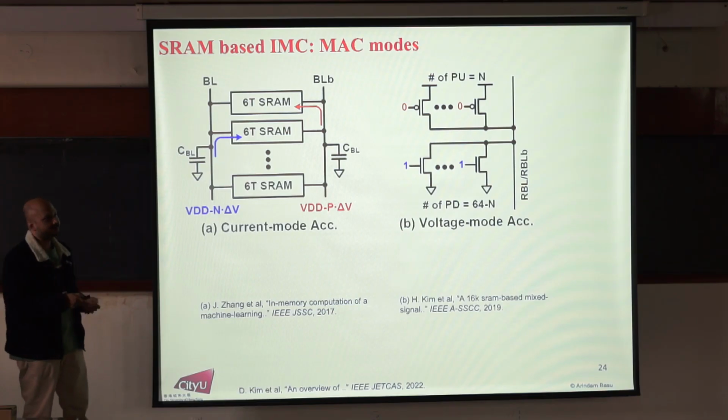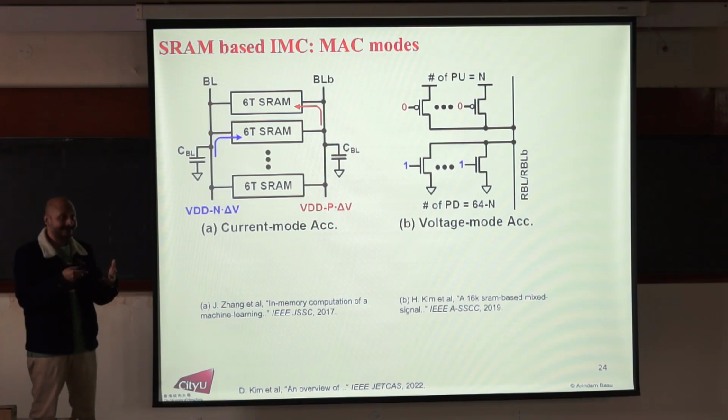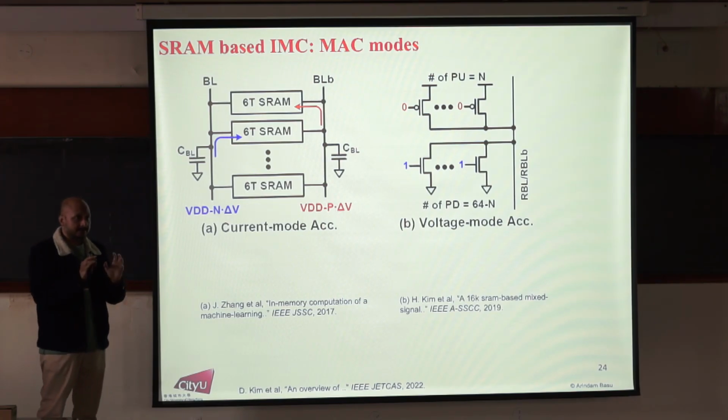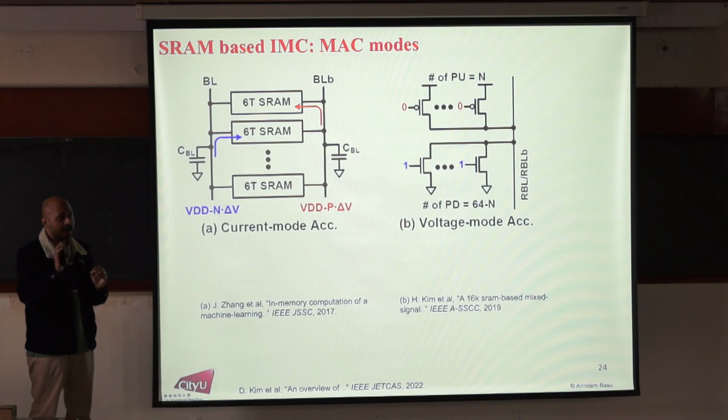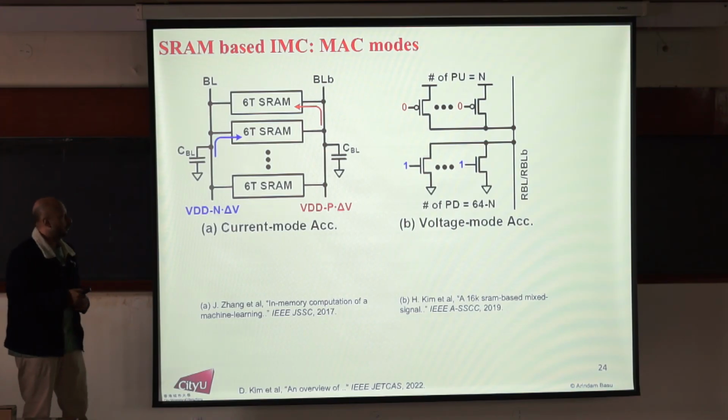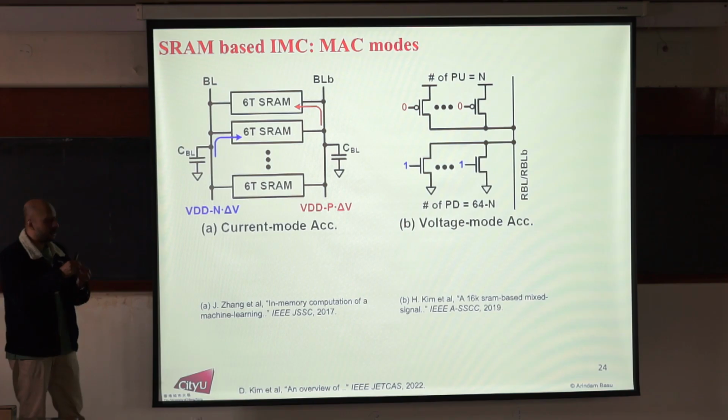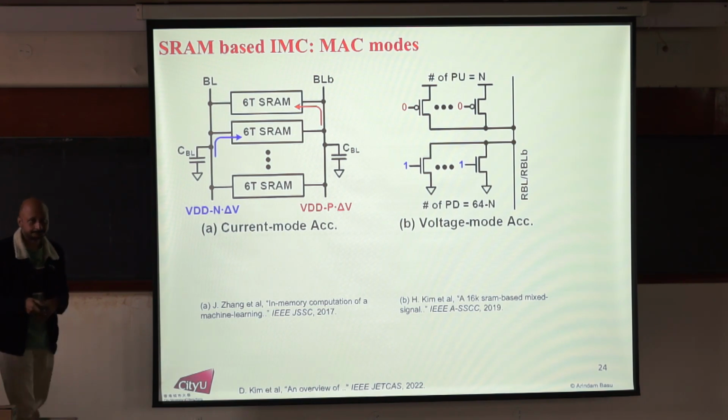So in that case, the voltage on this RBL directly indicates your final output. And you can imagine this will be a little bit non-linear. This is a PMOS fighting with the NMOS. It won't be perfectly linear. But the advantage here is you have a wider dynamic range. You actually have 0 to VDD, the entire range that you can use to encode the signal.